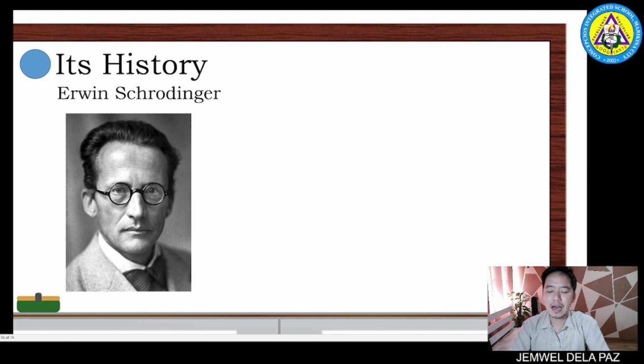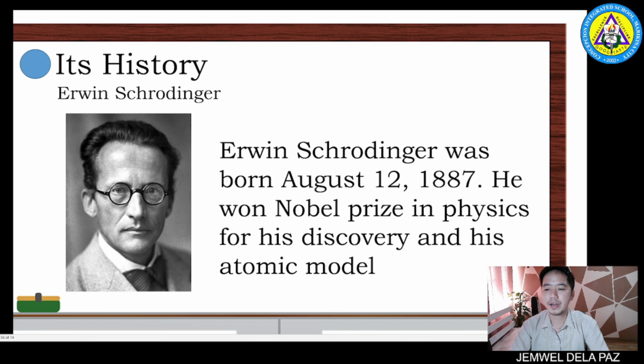This model was proposed by Erwin Schrödinger, born on August 12, 1887, and he won the Nobel Prize in Physics for his discovery and his atomic model.